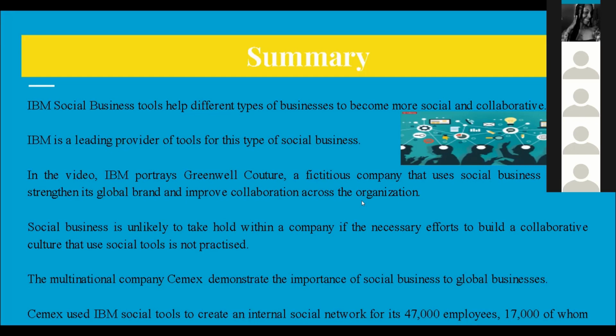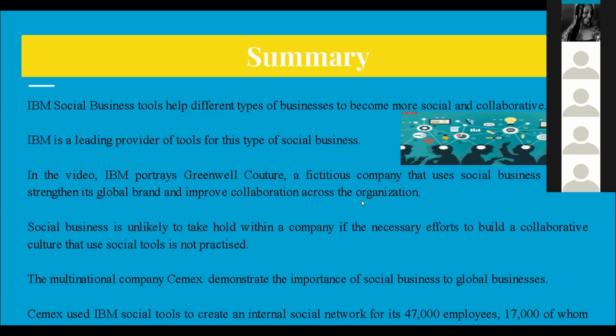The case also uses the multinational company Cmps, which has 47,000 employees across 50 countries. They use this company to demonstrate the importance of social business to global businesses. Cmps use IBM social tools to create an internal social network for its 47,000 employees, 17,000 of whom had joined.